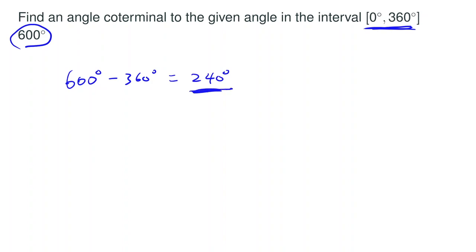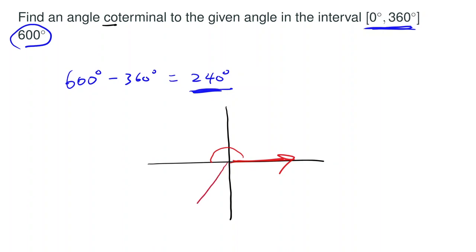And let's just try to sketch this to review the idea of coterminal. Coterminal means it shares a terminal. So for example, 240 degree, start from here, is 180, and 240 goes 60 more. And it's right here. This is 240 degree. Whereas 600 also starts from here.